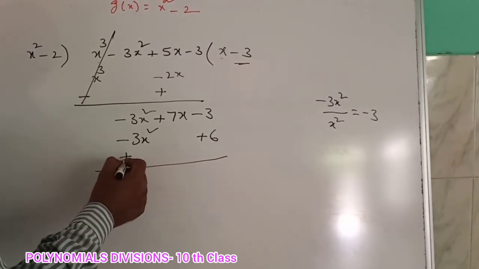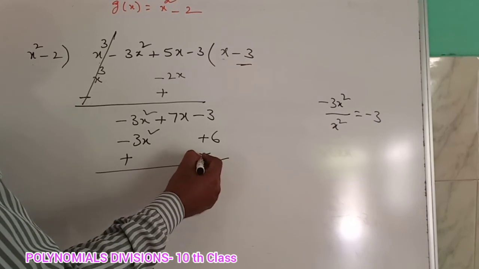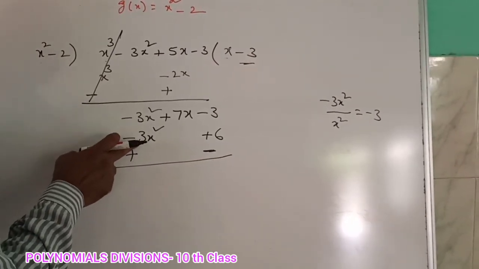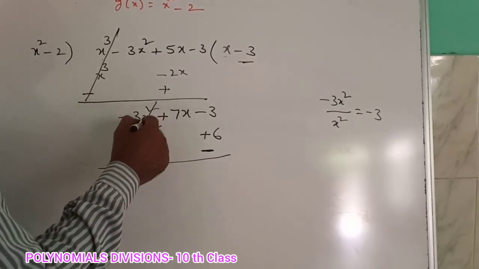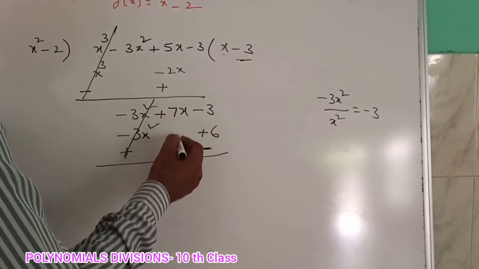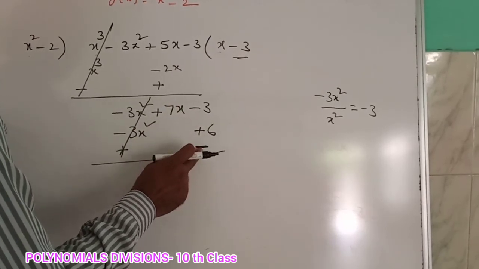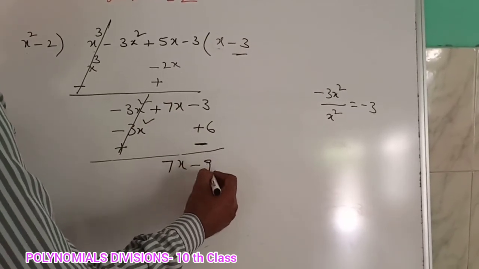So minus 3x square plus 3x square cancel. What remains? 7x, minus 3 minus 6 is minus 9.